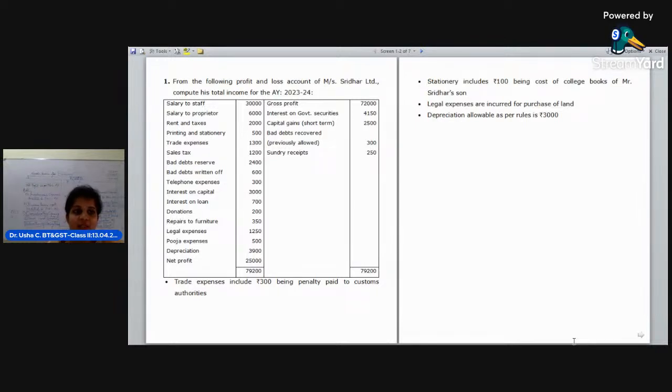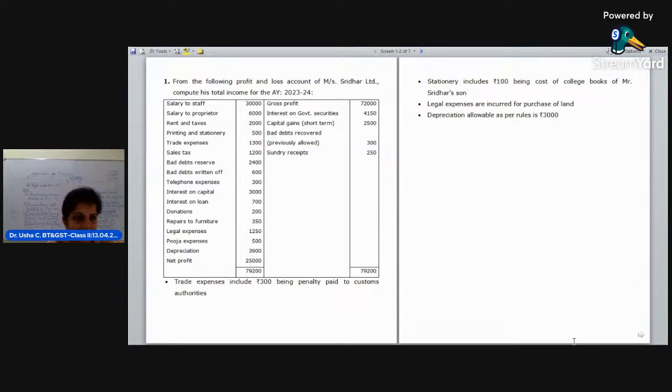Second one is salary to proprietor. Who is the proprietor here? Proprietor may be Mr. Sridhar or somebody. Here the proprietor himself is taking the salary. Is it an allowable expense? Definitely not. It is a notional expense. Mr. Sridhar is running the business and he will be getting the profit from his business.